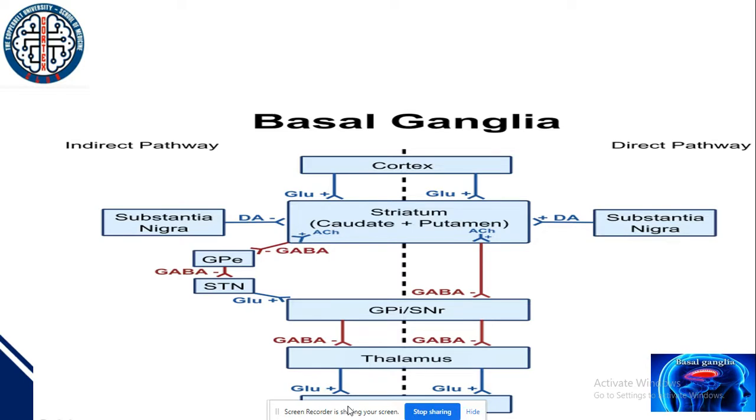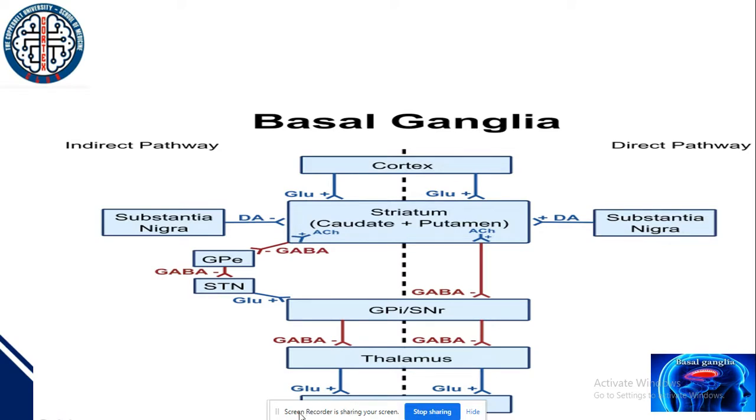Once that happens, we are exciting the thalamus. So exciting the thalamus will cause glutamate, which is an excitatory neurotransmitter, to excite the cortex. As a result, the boy will be able to turn and run away from that stimulus. So that is the direct pathway.